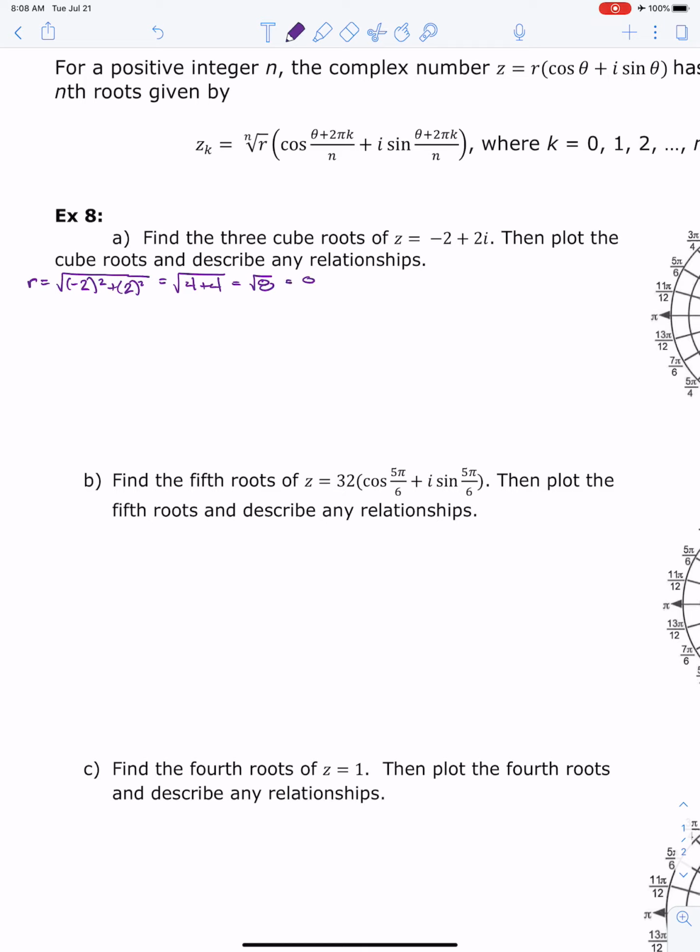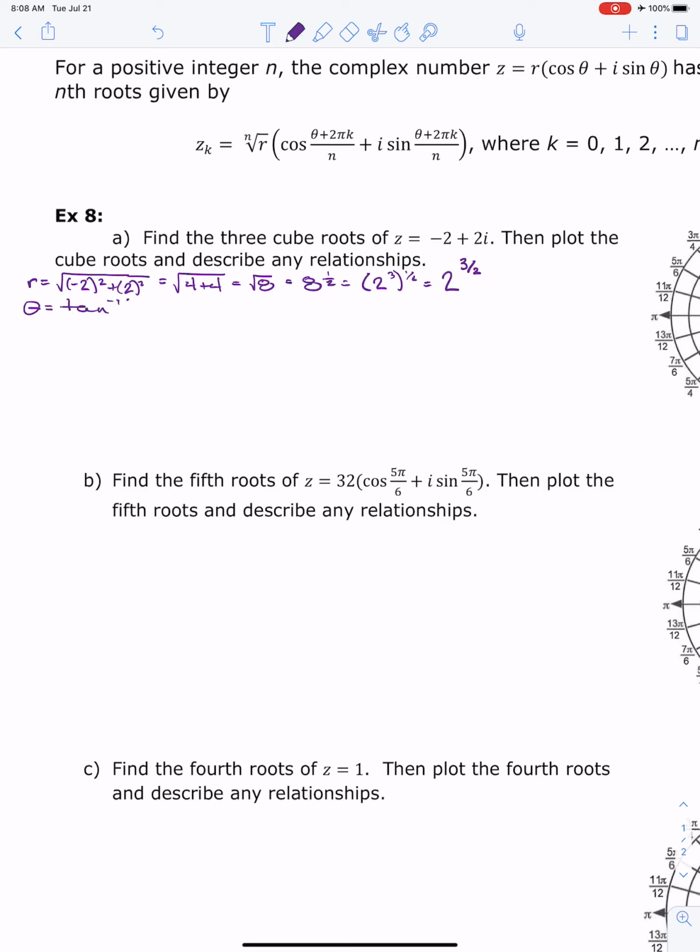Keep in mind, this is 8 to the 1/2. 8 is also 2 to the 3rd. So there are multiple ways we can write this, and I'm going to pick the one that's most useful as we move forward.